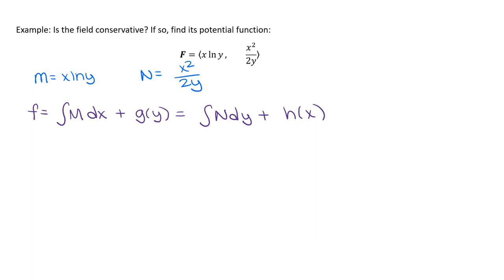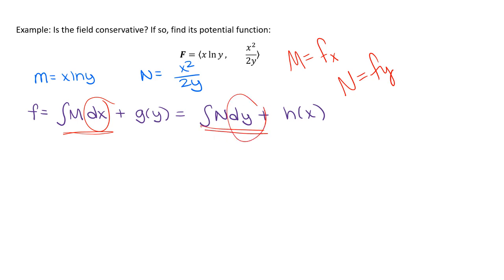All right, so if I want to find the potential function, the idea here is the M is my partial derivative of f with respect to x, and my N is my partial derivative of f with respect to y. So to find my potential function, I'm going to take my M and integrate it with respect to x, and I'm going to take my N and integrate that with respect to y.